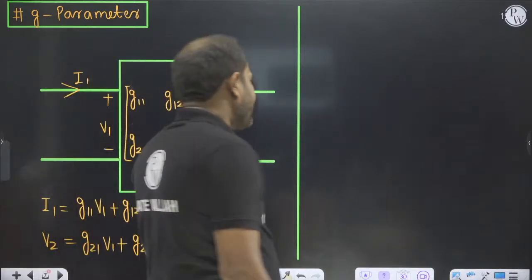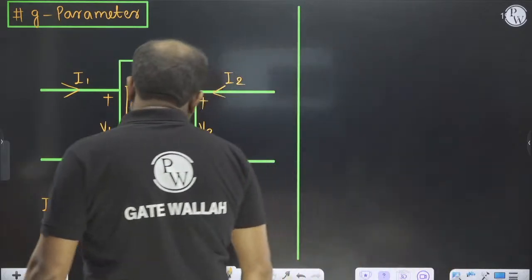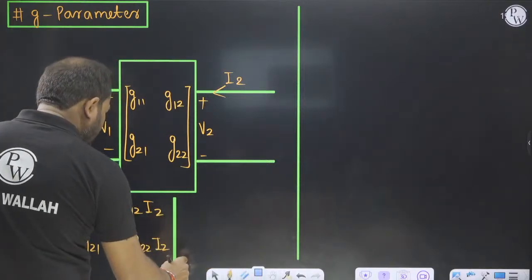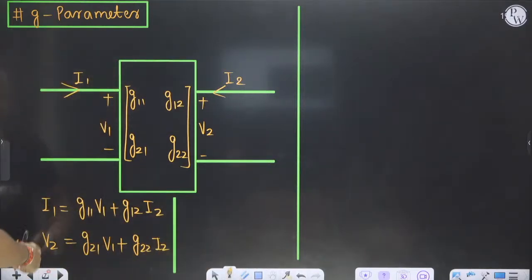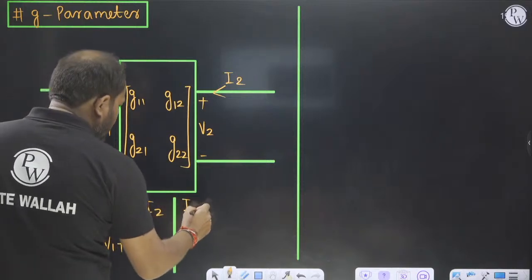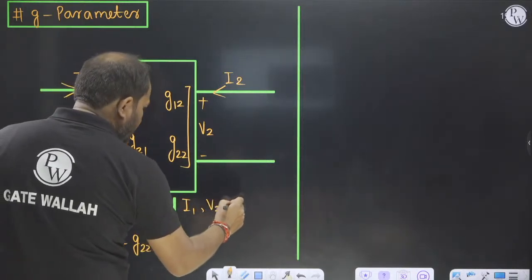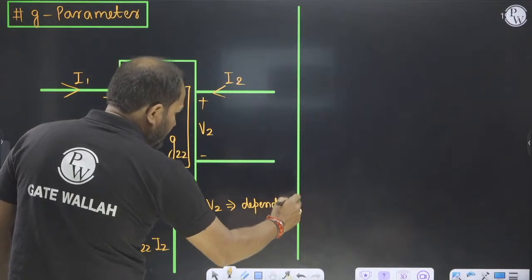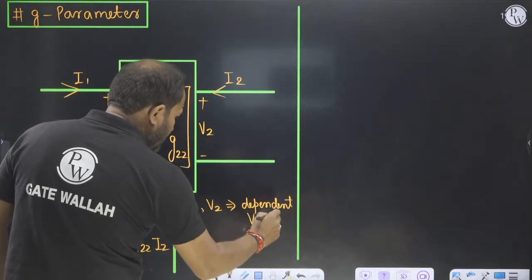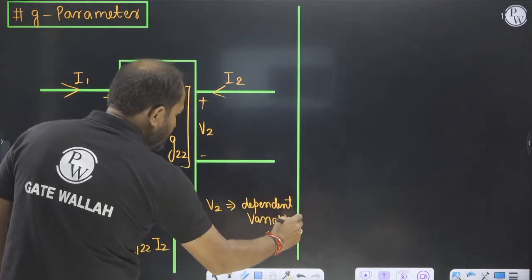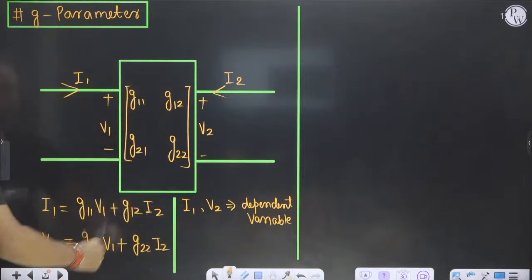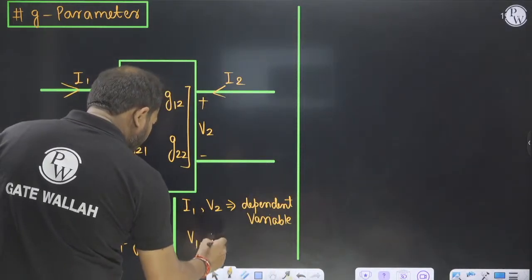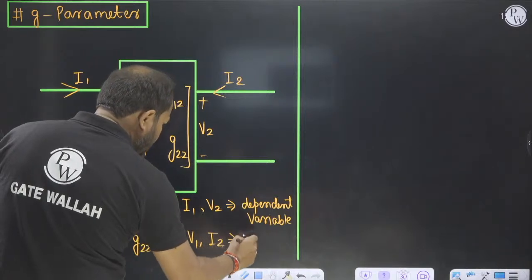Here you understand that I1 and V2 are the dependent variables, and V1 and I2 are the independent variables.